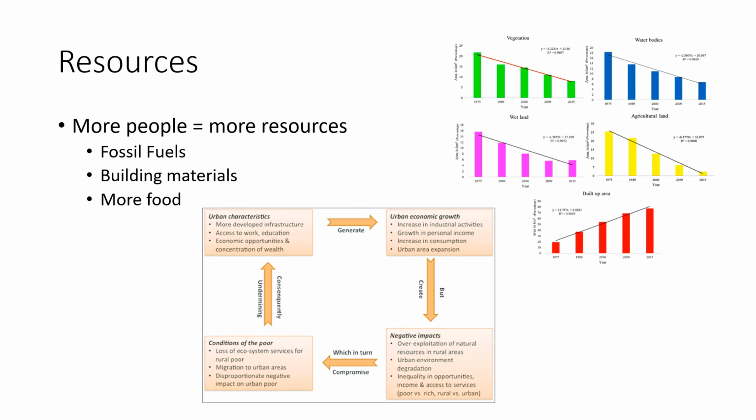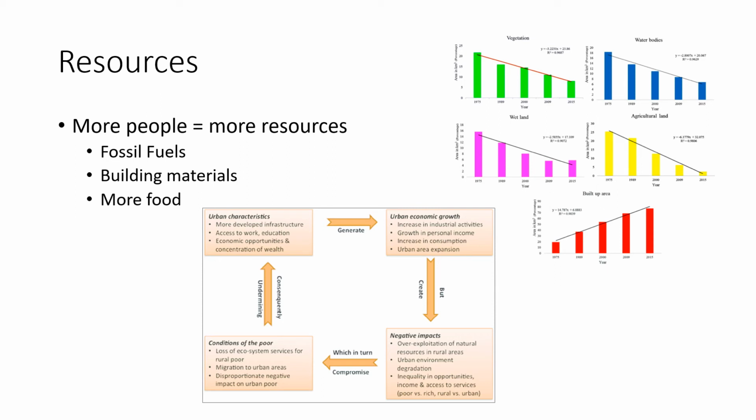more fossil fuels, more building materials, more food. Also, with urbanization comes more affluence, right? So more stuff. And so obviously those are more resources. And so if you look at the amount of vegetation, the amount of water, the amount of wetlands, all of these resources up here, maybe that's the best graph I could find, but you get the drift, right?